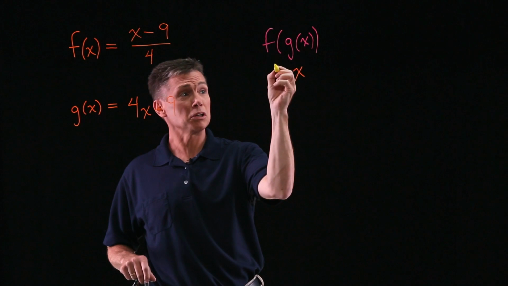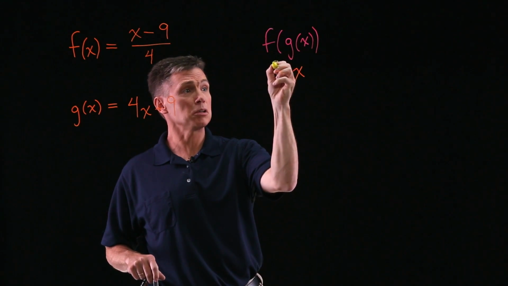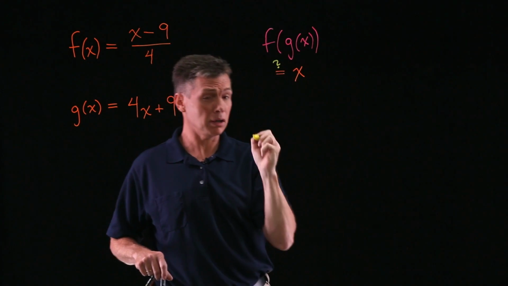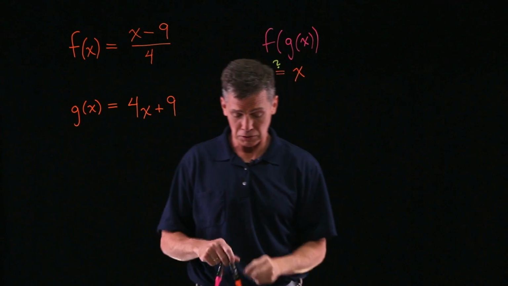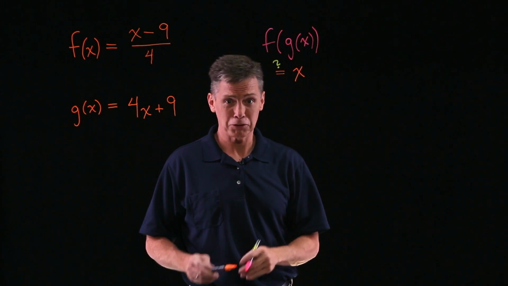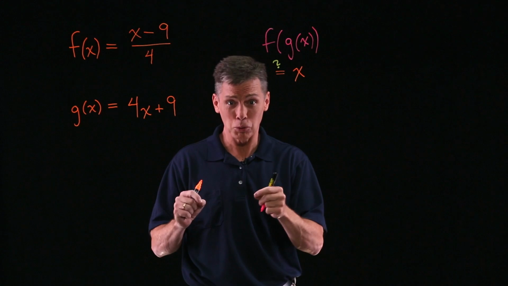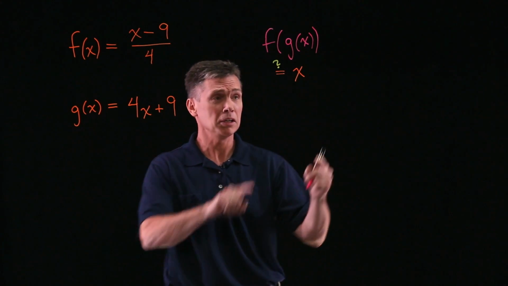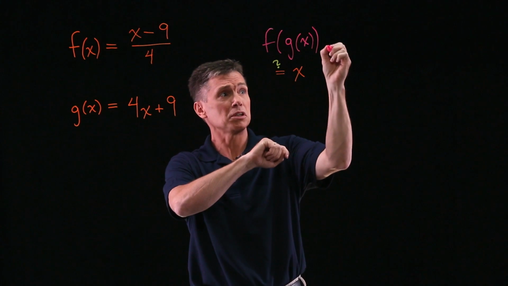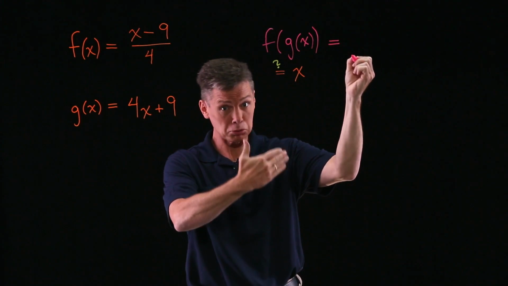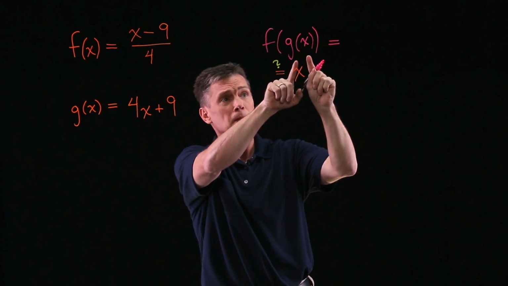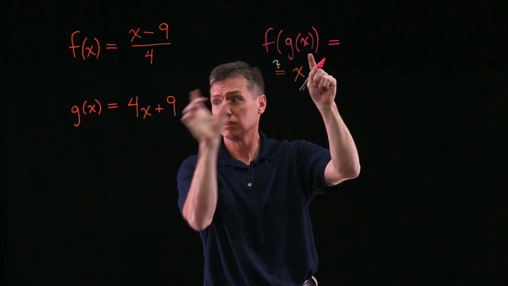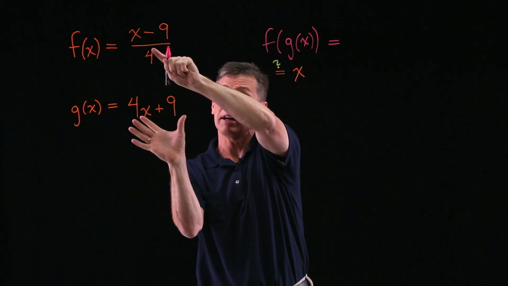So for this problem, we're going to see, this is a bit of a question mark right now, is that composition equal to just x? A little bit of a spoiler, yes, it will, because they told us that these are inverses of each other. So let's just verify that for our own sake. Start with this composition, and then follow your usual routine for compositions. In this case, g of x is going inside of f of x.